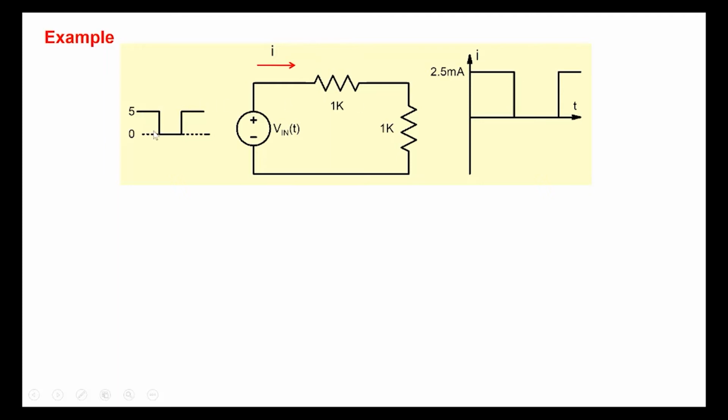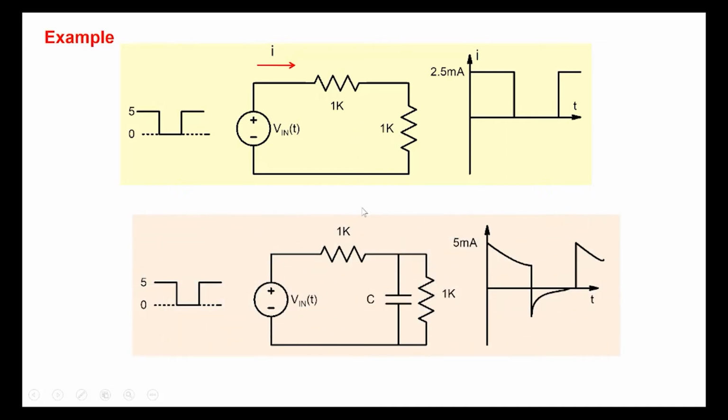And the moment we switch to 0, the current abruptly switches to 0 because the resistors respond instantaneously to the voltages and currents. So if we drop the voltage to 0, the current also drops to 0. Then when we switch it back to 5, the current again goes to 2.5. So this is the behavior of a pure resistive circuit.